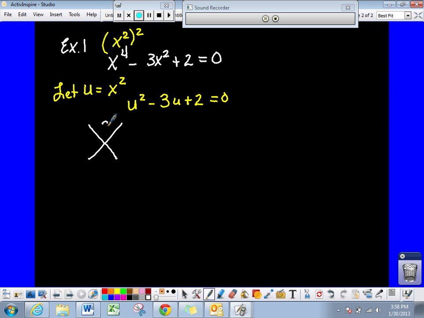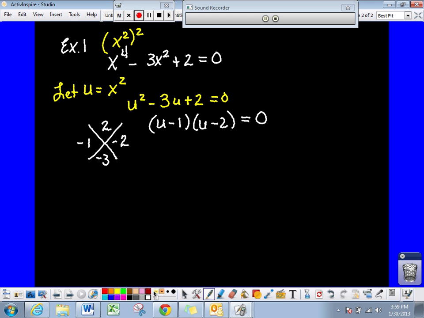We place the 2 at the top and a negative 3 at the bottom. What factors of 2 would give me negative 3? There's only one factor pair of 2, which is 1 and 2. And because it has to be negative, we use minuses. So we end up with u minus 1 times u minus 2, and all of this is still equal to 0.